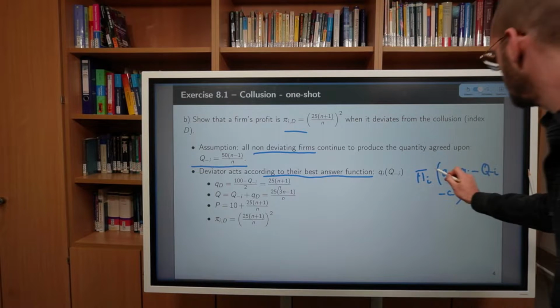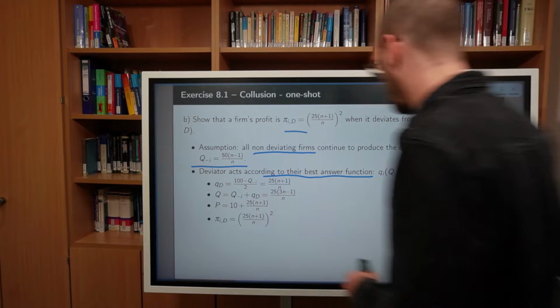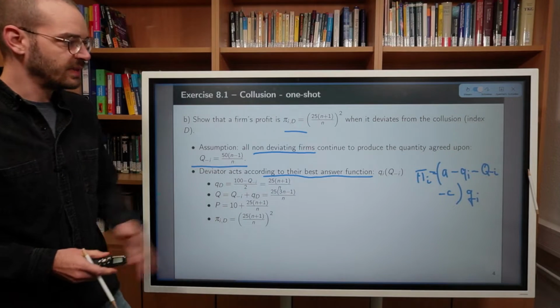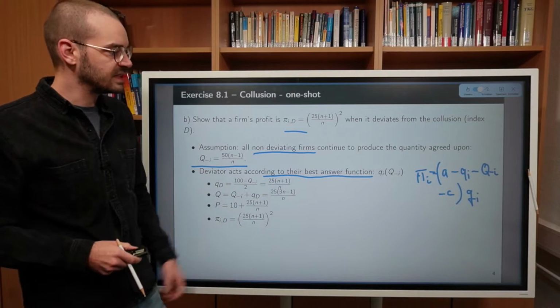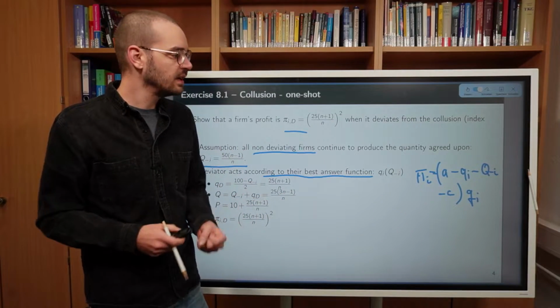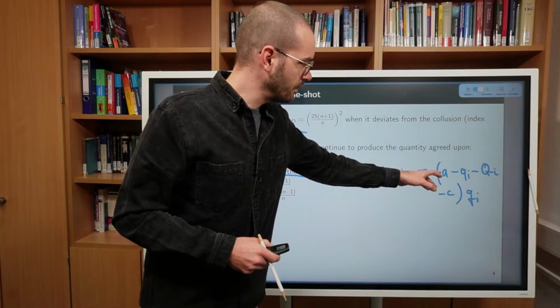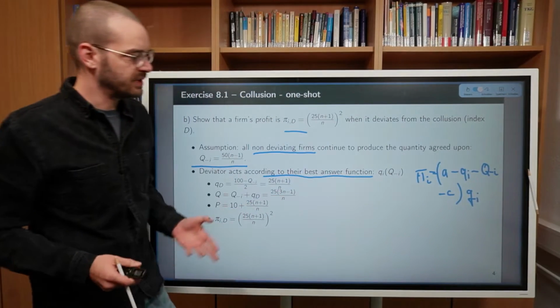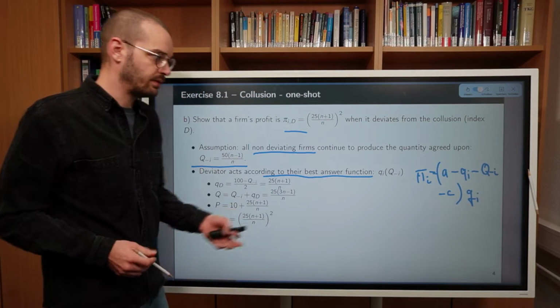So we have this general version where A comes from the demand function, and then the individual firm's profit is the price, substituted for the demand function, minus marginal costs, all multiplied with the quantity of the individual firm.